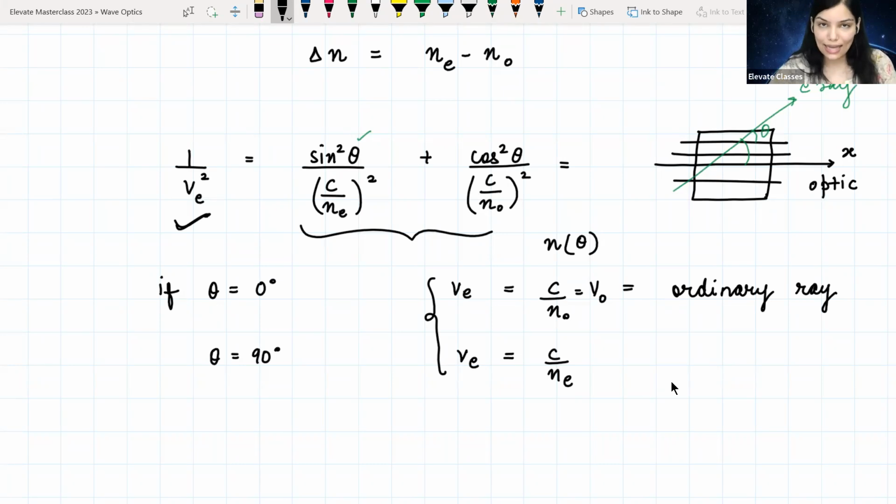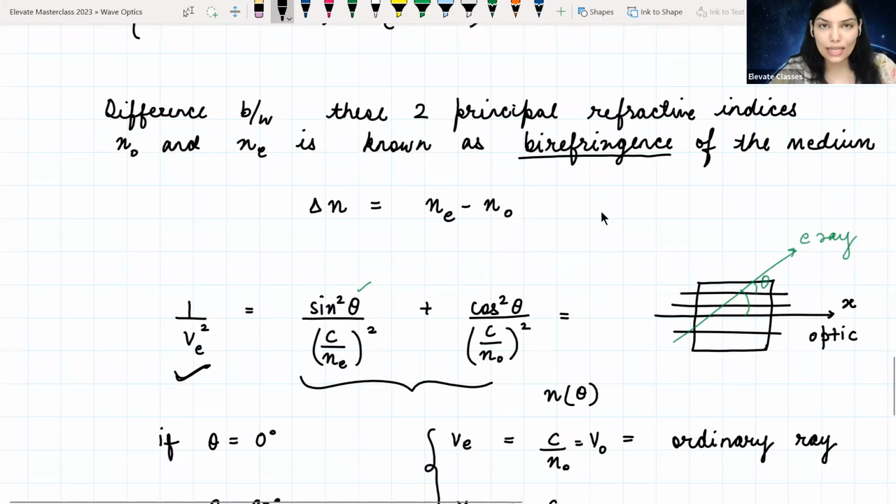But in your exam, if a question like this comes, let me tell you what happens: either the birefringence is given, that is, they will tell you the difference between NE and N0, or they will tell you what NE and N0 are, and they'll ask you to calculate certain things or calculate the optical path difference, and those things. So we will cover that.